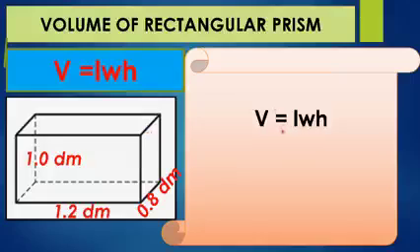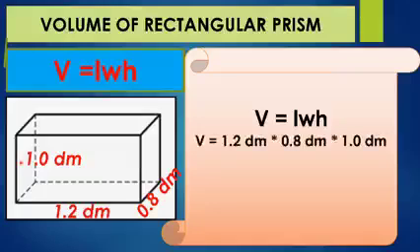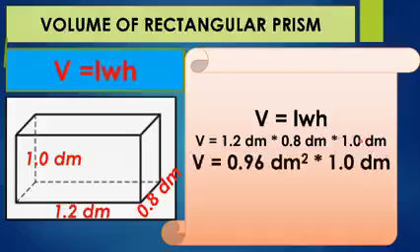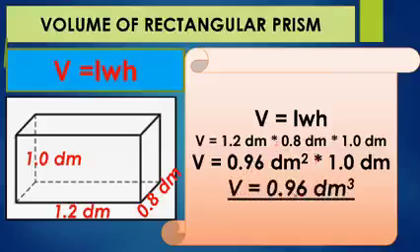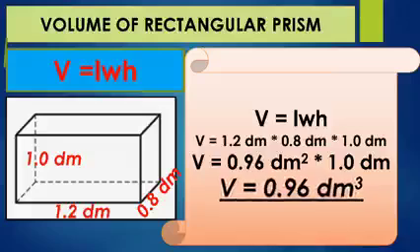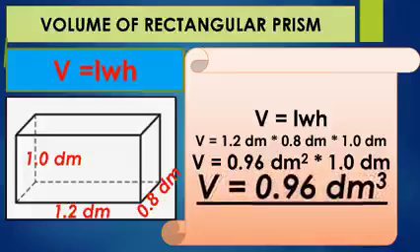Yung L natin magiging 1.2, yung W natin here magiging 0.8, and yung H natin magiging 1.0. By substitution, V is equal to 1.2 times 0.8 times 1.0. Then multiply. 1.2 times 0.8 is 0.96 times 1, the product is 0.96. Therefore, the volume of rectangular prism is equal to 0.96 cubic decimeters.